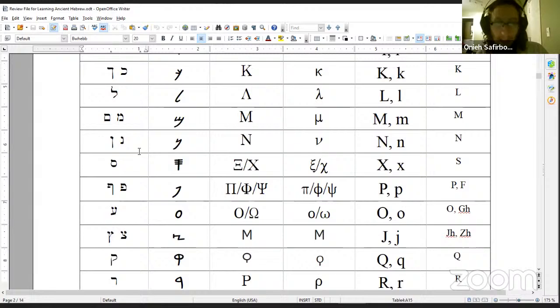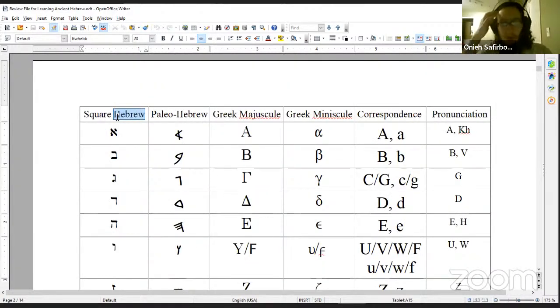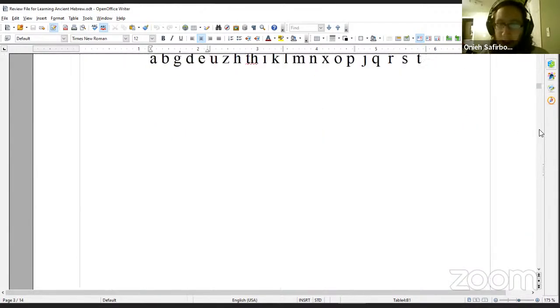So, like I said, the first column is the square Hebrew. That is the traditional Hebrew Jews are familiar with. But the ancient Hebrew that all Hebrew was written in originally is Paleo-Hebrew. So that's what we're going to be diving into today.